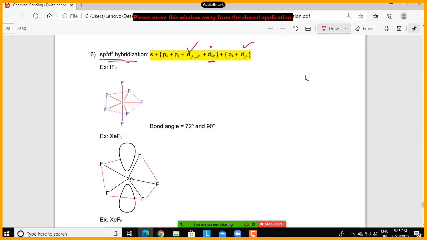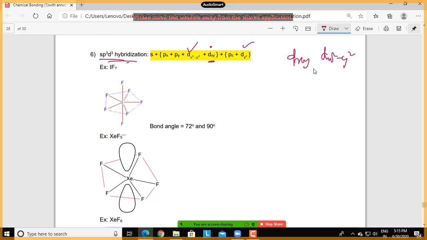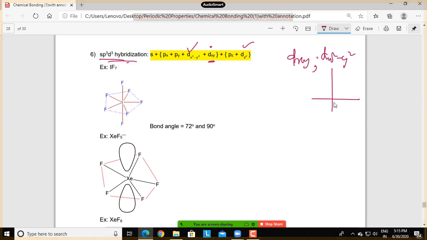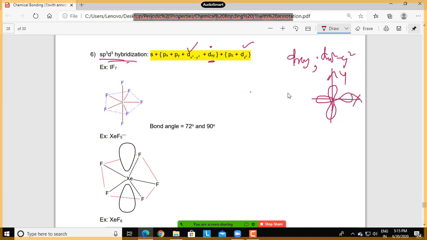Why? Because dxy and dx²-y² are similar. These are along x and y axis. And dxy is within x and y axis.